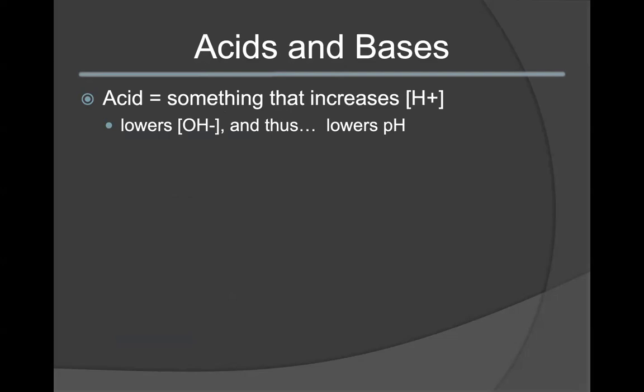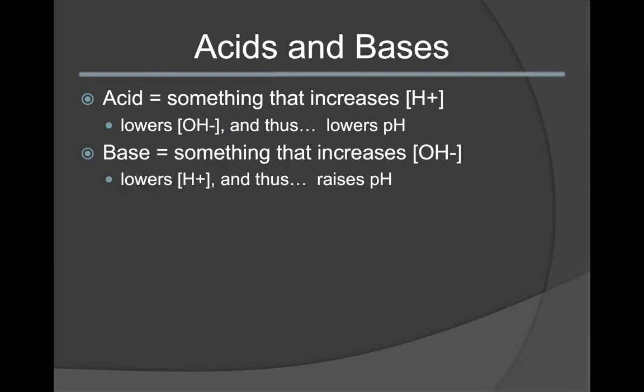An acid, because it is increasing the hydrogen ion concentration, will tend to lower the pH of a solution. A base is something that increases the hydroxide ion concentration, and thus would lower the hydrogen ion concentration. So a base is something that would raise the pH.